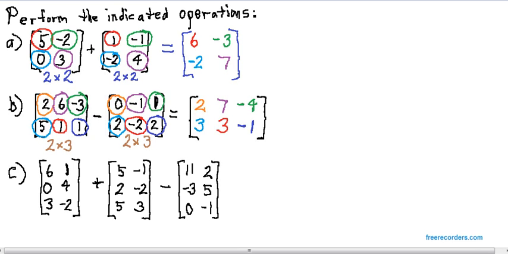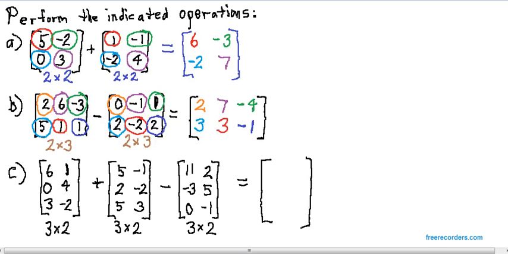Part C. We have 3 rows and 2 columns, and all 3 matrices are the same size. So again, that's why we're able to add and subtract them. And your answer is going to be a 3 by 2 matrix as well.